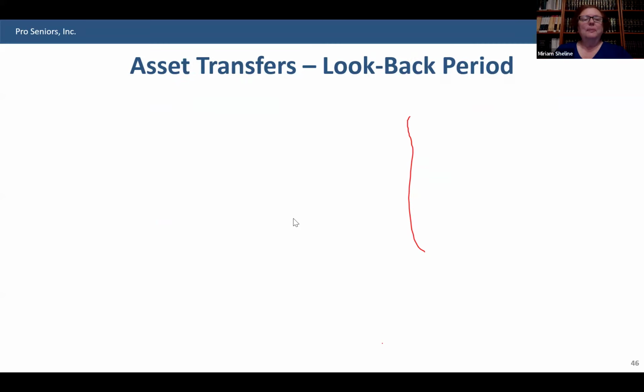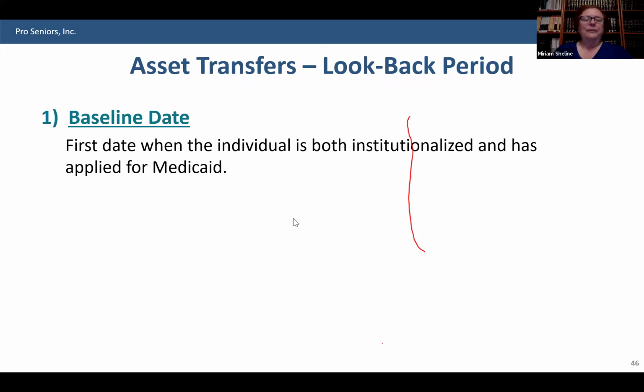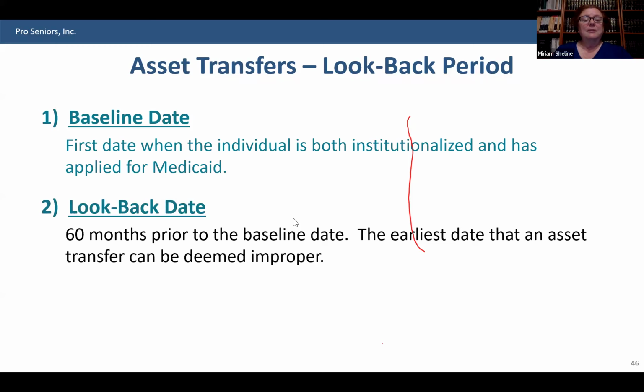So we said look back period, what does that mean? What else do we do except have terms to define? We have a baseline date. That is the first date when the individual is both institutionalized and has applied for Medicaid. So this is controllable when you apply for Medicaid. That date is controllable. The look back date is 60 months prior to the baseline date.